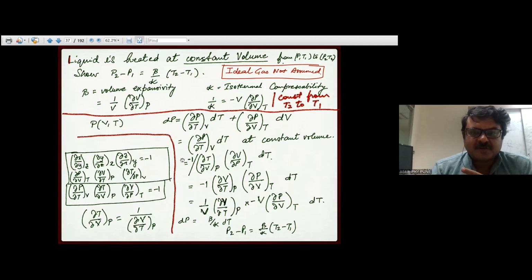So you convert your del P del T relation and replace it by the other two terms, and then you do a bit of manipulation, integrate it once the things become constant, and you get P2 minus P1 equal to beta by kappa times T2 minus T1.